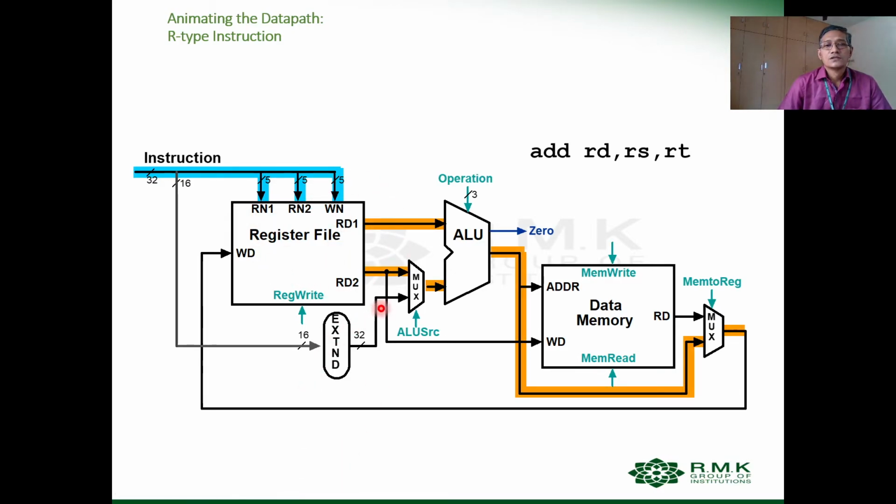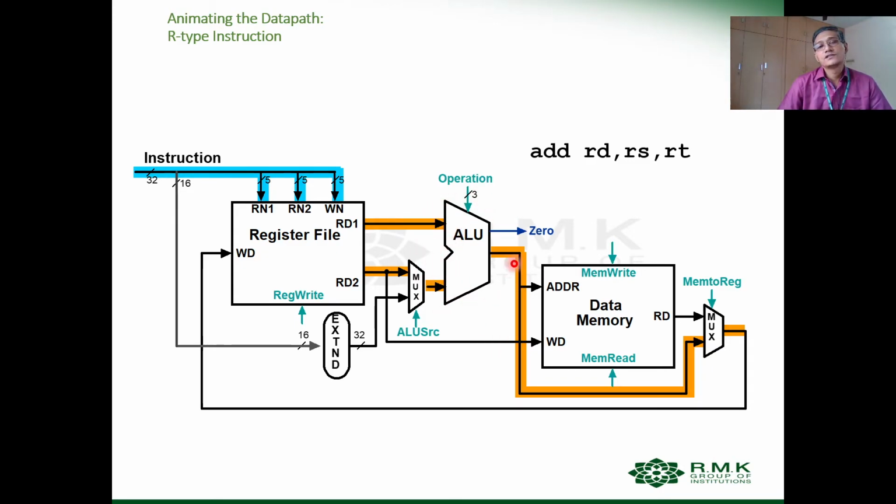This is the ALU. This multiplexer is activated by the ALUSrc signal that we are going to learn in detail in later lectures. The two source register values are taken from the register ports and given to the ALU.